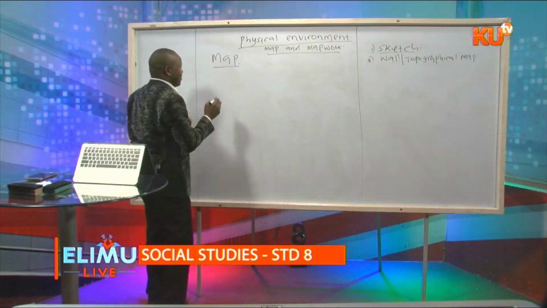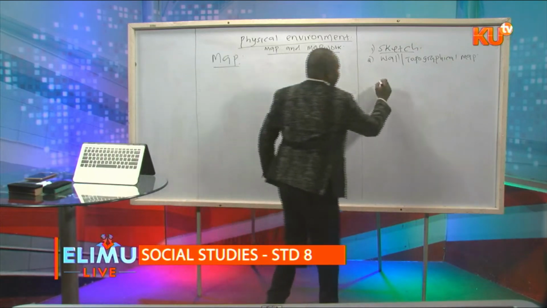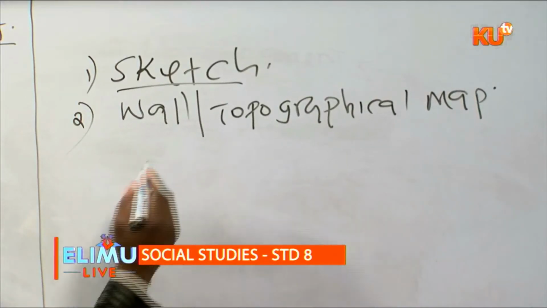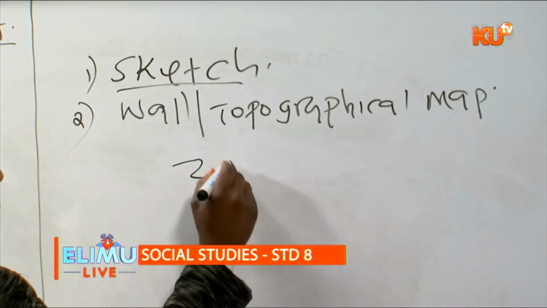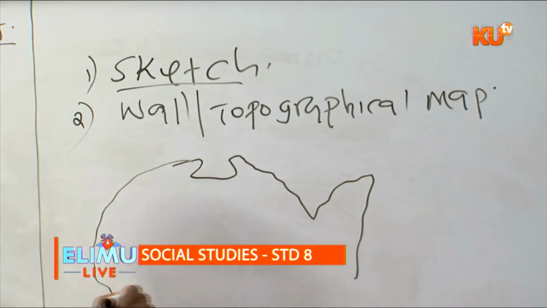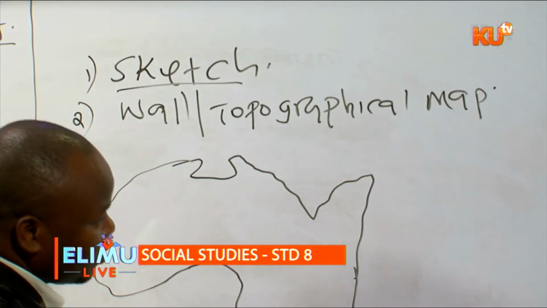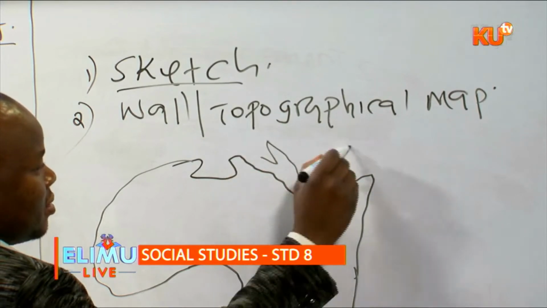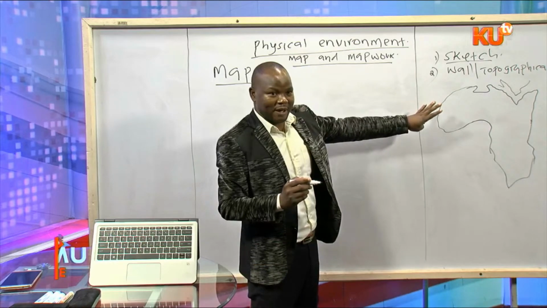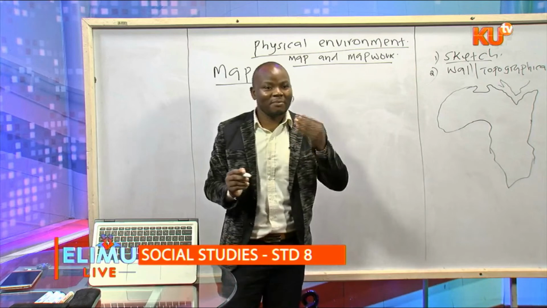This sketch map, I can as well sketch here. Maybe let me sketch the map of Africa, sorry. You are going to identify that this map is sketched, but remember all maps must have some principles.